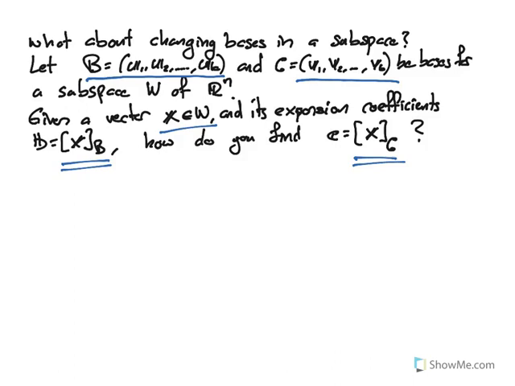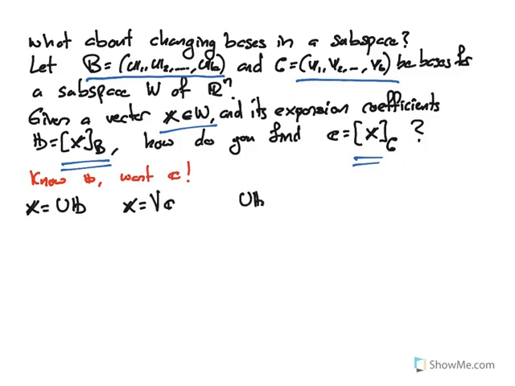Suppose you know b, and we want c. So we want to solve the equation, where x can be written as UB or as VC.